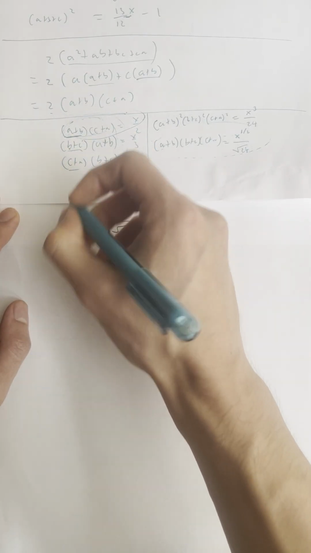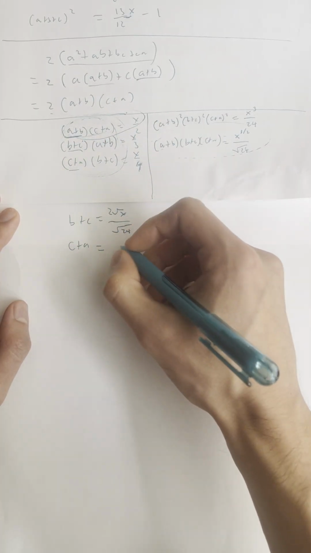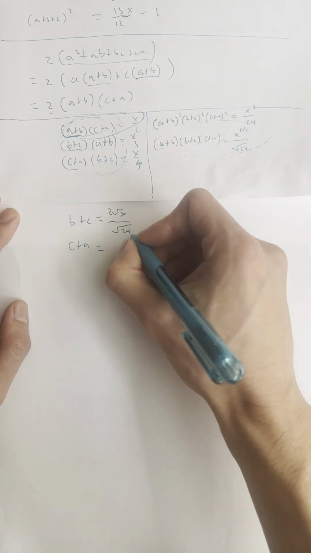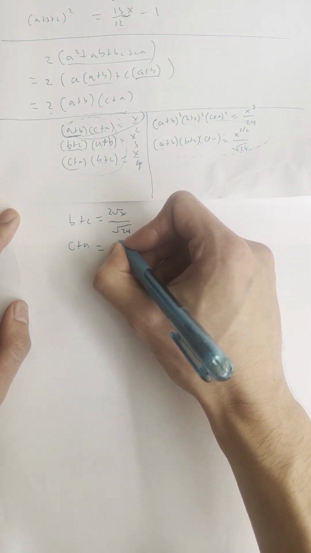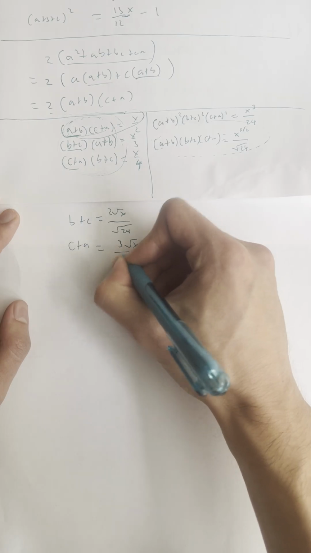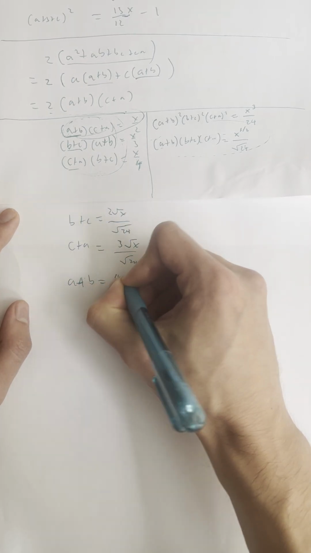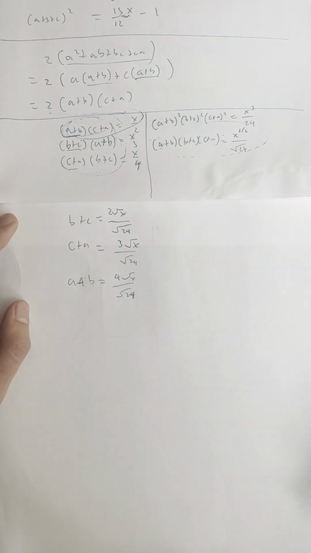And then c plus a is missing on this side, it's going to be this times 3 over x, so 3 root x over root 24. And what's missing is a plus b, equal to 4 root x over root 24. Okay, cool.